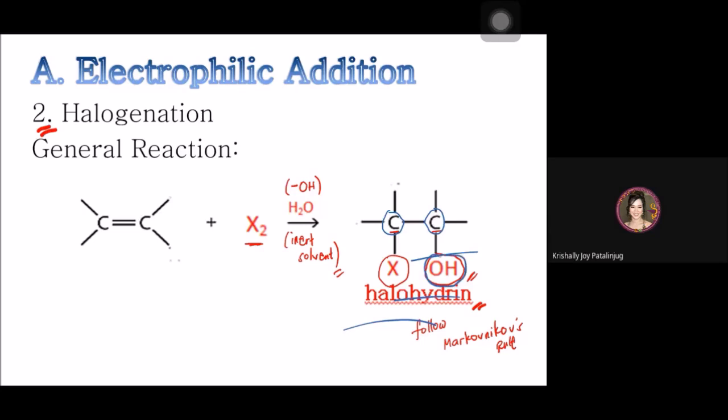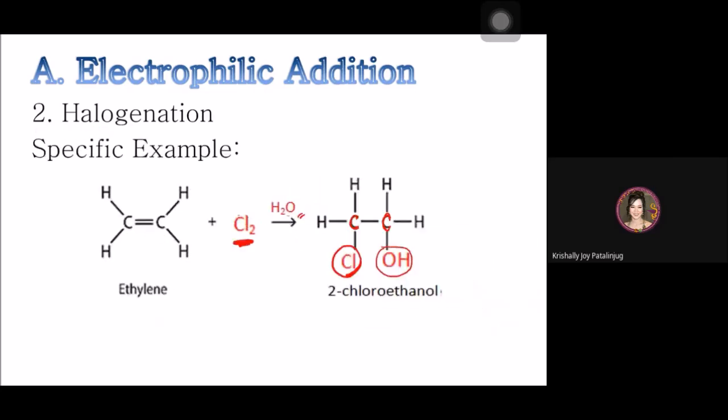Yung OH specifically, it will be added to the carbon with much more substituted. Okay? Kung yun ang much more substituted, much more alkyl groups ba? Mas daghan siya alkyl groups. Okay? So wala siyang masyadong hydrogen. Okay? Sa carbon nga wala masyadong hydrogen, doon i-add yung OH. Okay? During halogenation in the presence of water, inert solvent. Okay? Sige, balik ta.